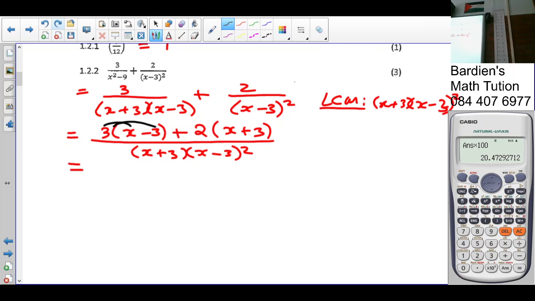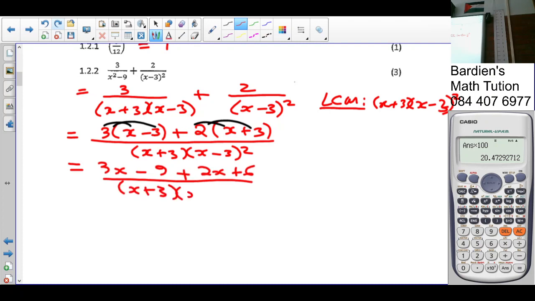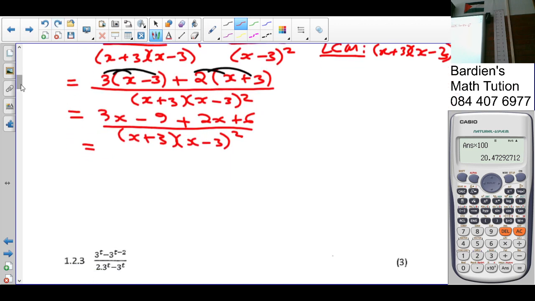We simplify the numerator. So it's going to be 3x minus 9 plus 2x plus 6 over x plus 3, x minus 3, which is now what? 2x plus 3x is 5x.